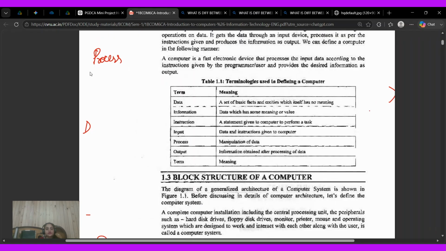Manipulation of data. Manipulation means changing or working on data.